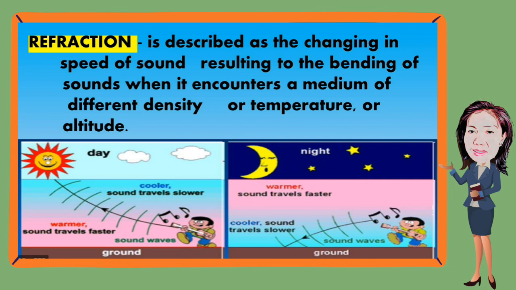Same thing here. It started from warmer to colder, so its sound bent. Instead of traveling straight like that, it bent. Bending. It should have traveled straight, but it bent down. Okay? Got it? The bending of sound is what we call refraction.